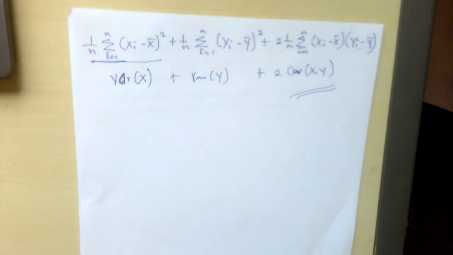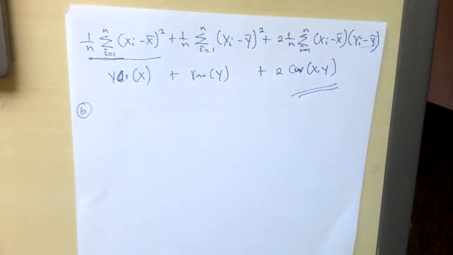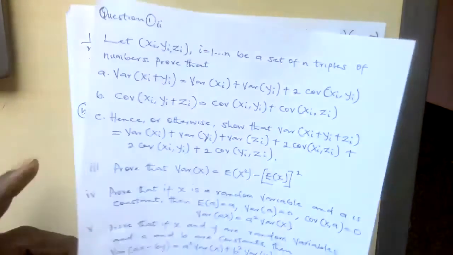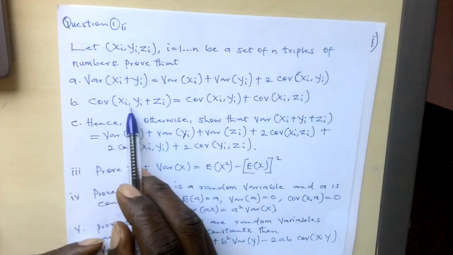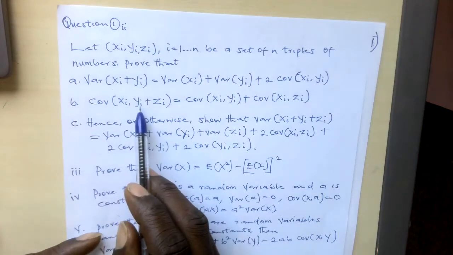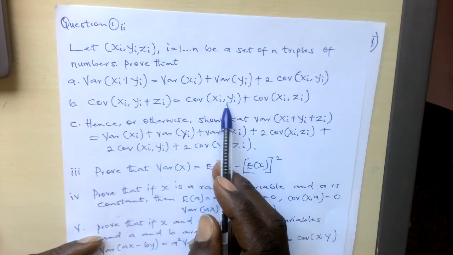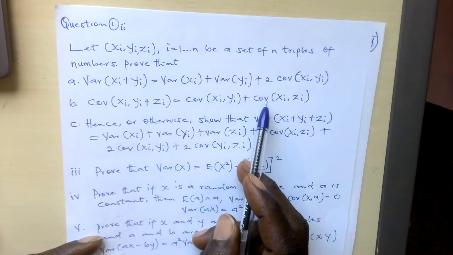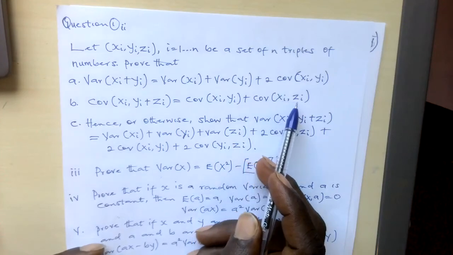Now let's move on to the next one. The B part asks us to prove that the covariance of x and yi plus zi equals the covariance of x, y, plus the covariance of x, z.